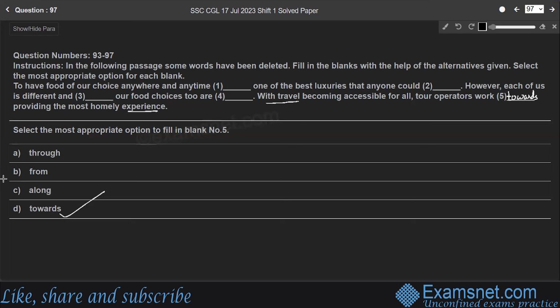Therefore, towards is the correct word. Work through means to deal with successfully. So tour operators work towards providing the most homely experiences. Option D is the right answer.